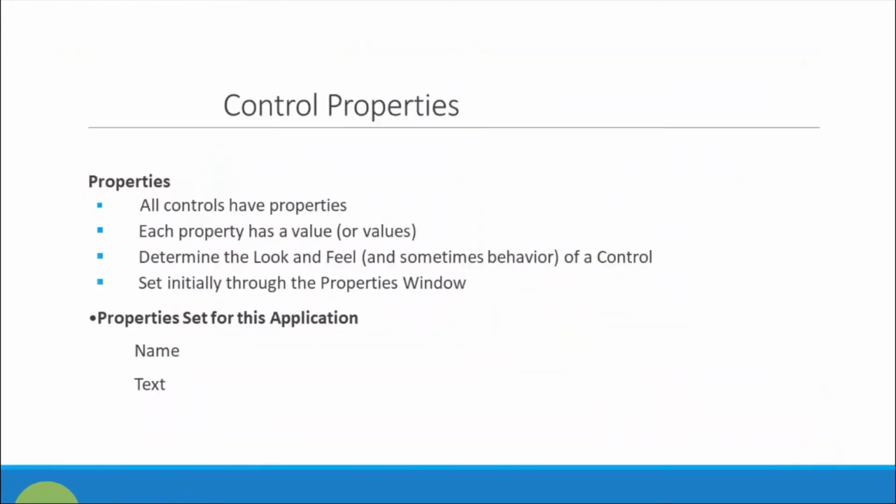See, properties. All controls have properties. Each property has a value and determines the look and feel of a control, set initially through the properties window. And in this case, we have set only two properties, that is name and text. We have changed only name and text.